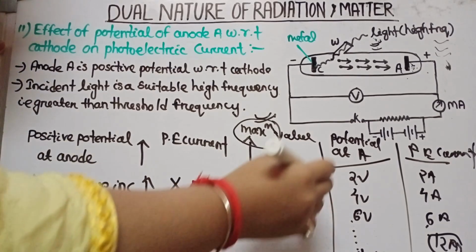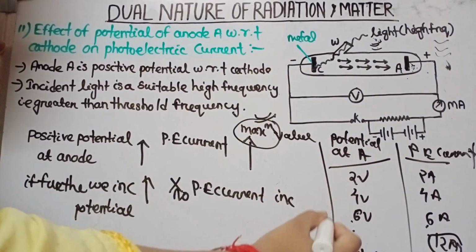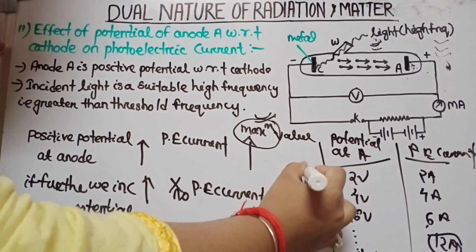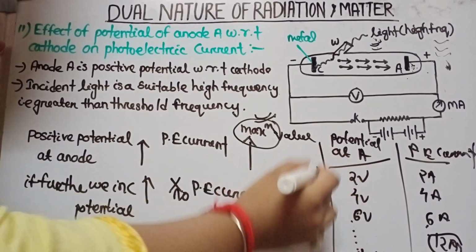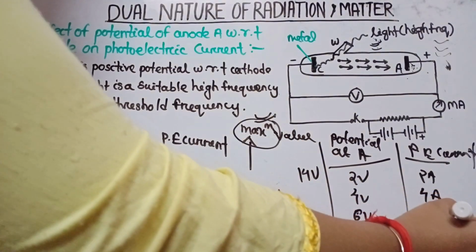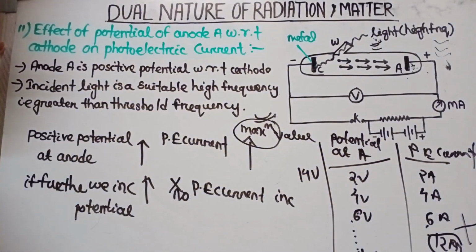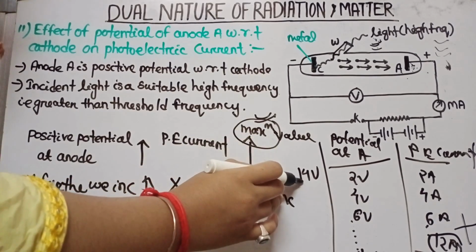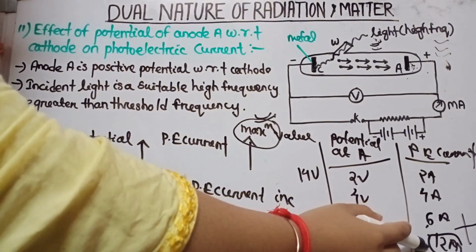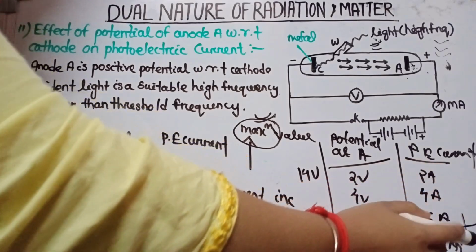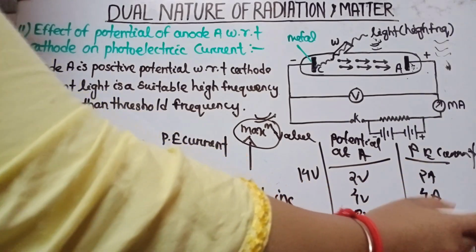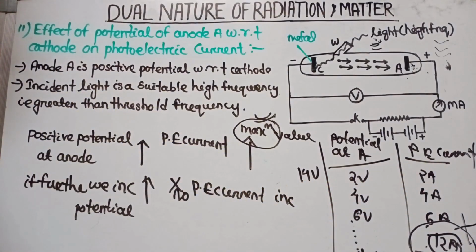Next, if you further increase the potential to 14 volt, there is no increase in photoelectric current. That is the maximum current; if you further increase the potential, the photoelectric current does not increase further.